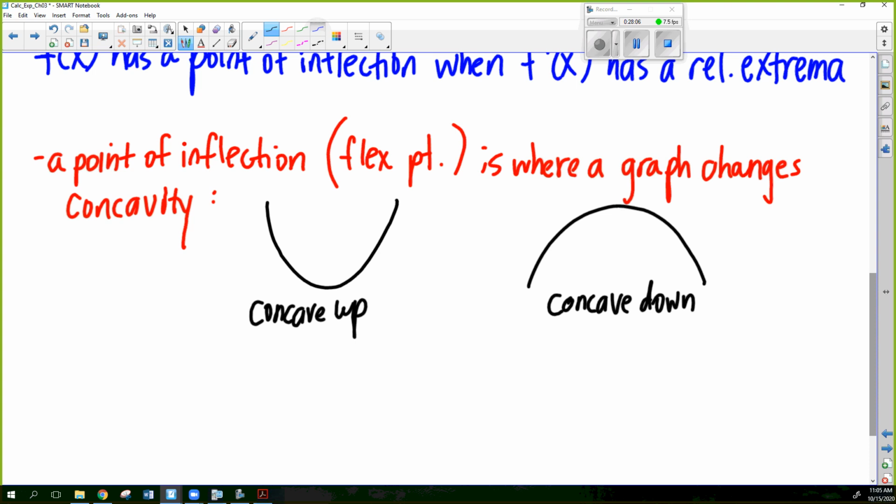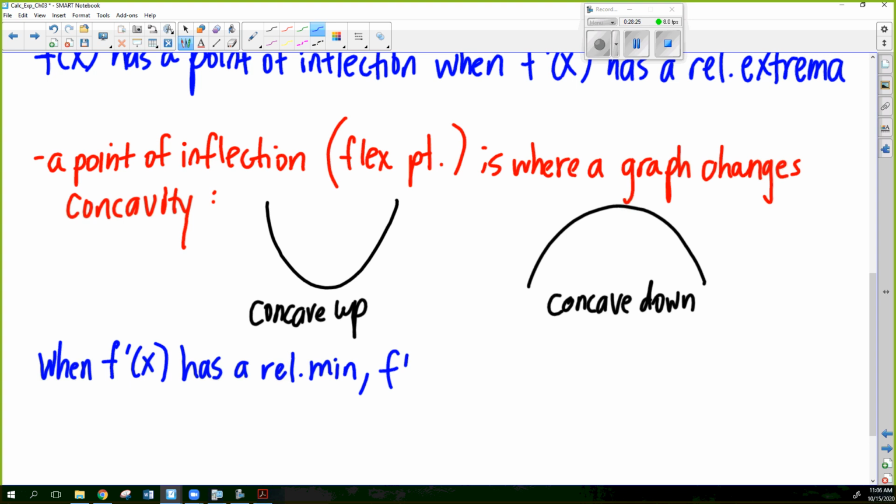When f prime of x has a relative minimum, that means the derivative changes how?